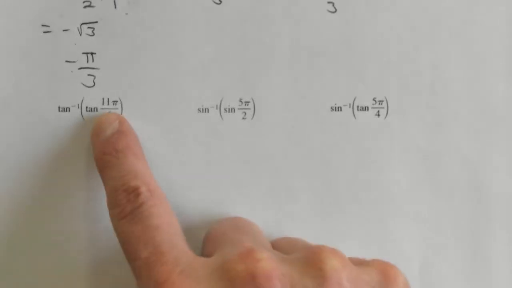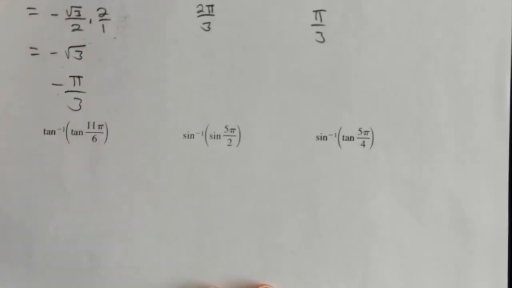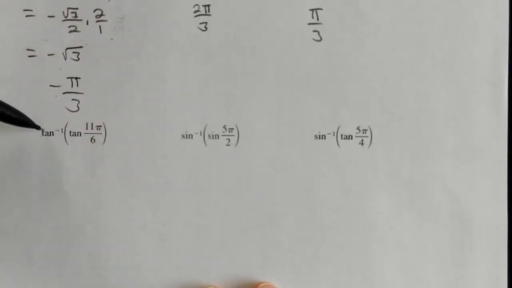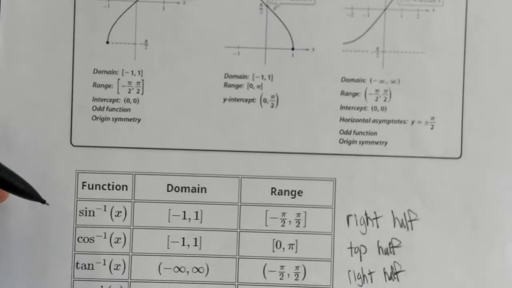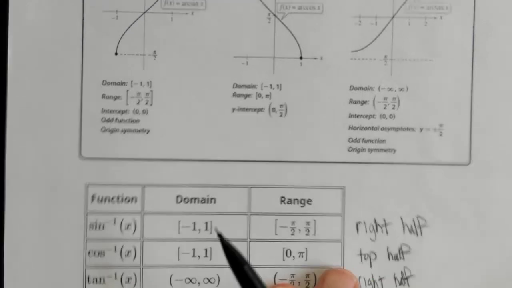But the answer here is not 11 pi over 6. And you might be asking, well, Coach, why not? Why isn't the answer 11 pi over 6? Remember, we're dealing with inverse tangent, and with the inverse trig functions, we always have to consider the possible range that we're looking at. So the range value can only exist between negative pi over 2 and pi over 2.